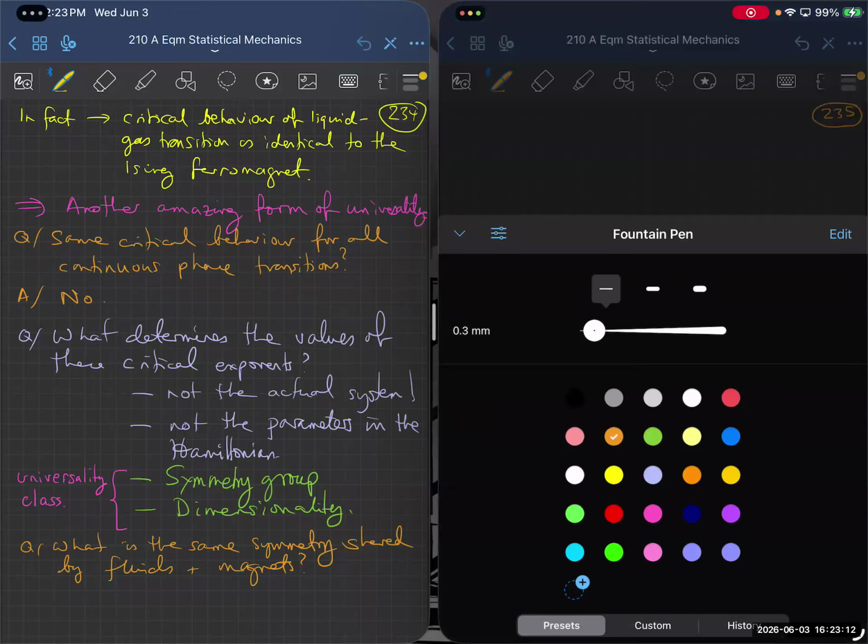And on the left, I've got a magnet, and I'm going to draw this configuration. And then all the others I'm going to draw as down.